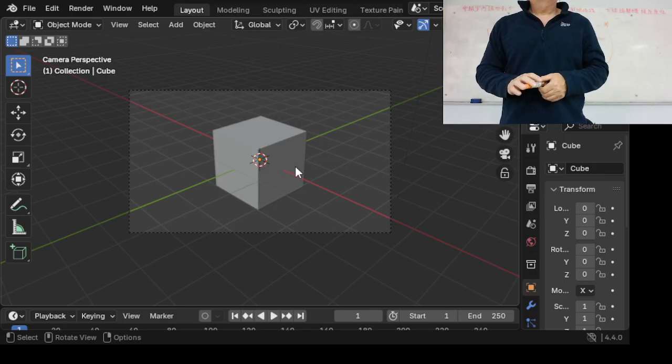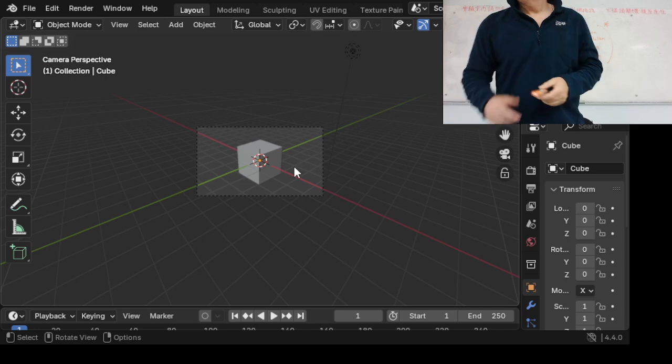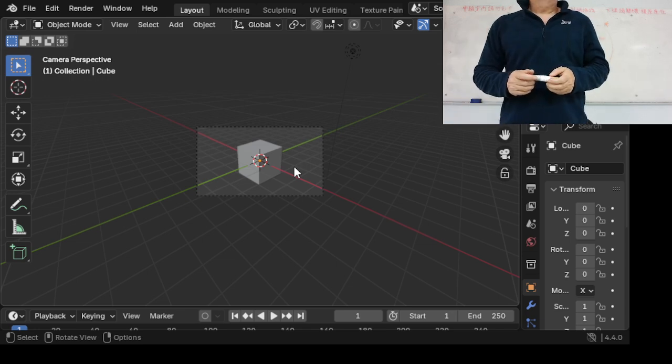So the one thing that we cannot do is this effect, right? Which is actually the perspective distortion. And what happens when we're dealing with the perspective distortion?